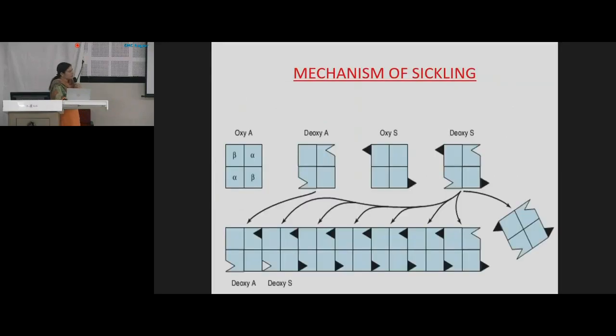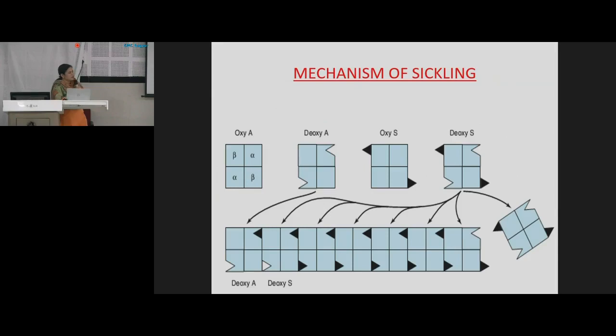Now, in deoxyhemoglobin S, there are the presence of both the protrusion as well as the receptor.